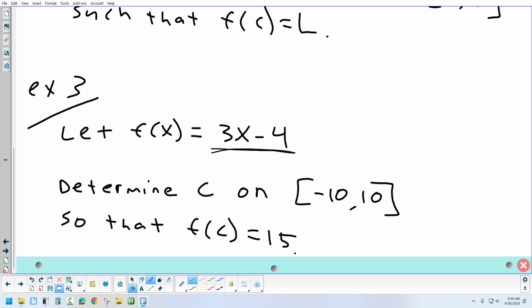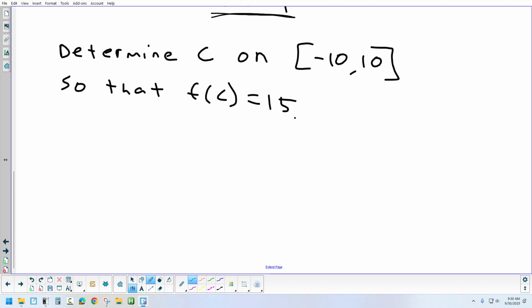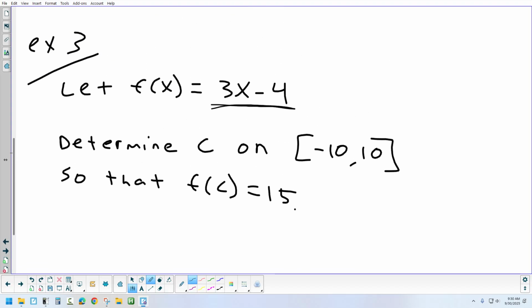So the first thing I want to do is see if that's even possible. We have an interval we're looking at from -10 to 10. Let's plug -10 in for x. Let's plug 10 in for x. That's going to tell me the values that I'm guaranteed to go through. Let's see if 15 is one of them.